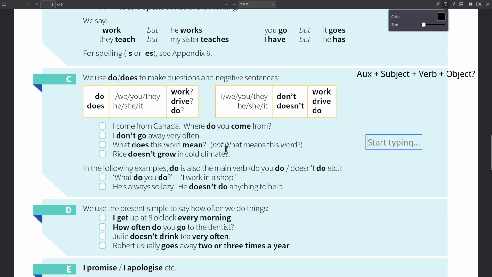Remember, when we're talking about a question, we have to follow this structure. I'm going to change this color, and I'm going to write in red a double question like this.